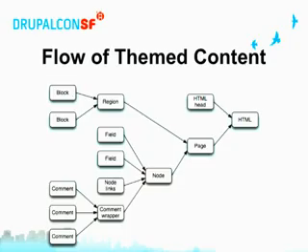Each of those comments will be themed individually, then wrapped together and sent off to the comment wrapper theming, which adds an additional div, and there'll be a title there, and it wraps that up and passes it on to the node theming.